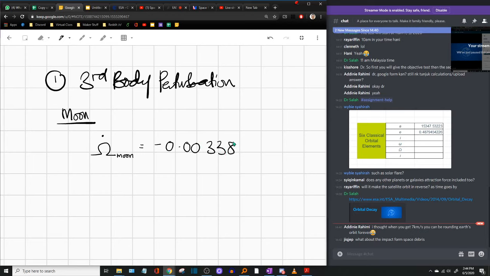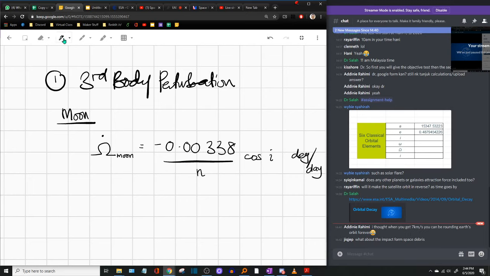0.00338 divided by n times the cosine of the inclination angle. If you want to calculate how much your right ascension of ascending node is changing, in degrees per day, it is this amount.